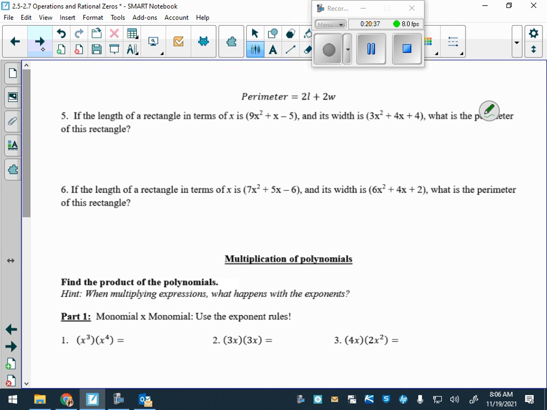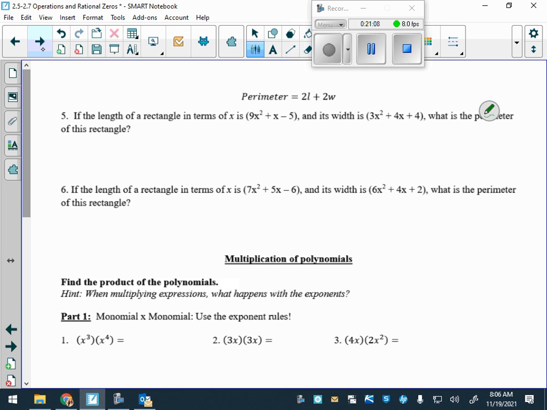So then, if we have some word problems, in terms of if the length of a rectangle is in terms of x, so you're not solving for x, it's going to stay in terms of x. And its width is that. What is the perimeter of the rectangle? So I gave you the perimeter formula. Okay, it's 2 length plus 2 width.